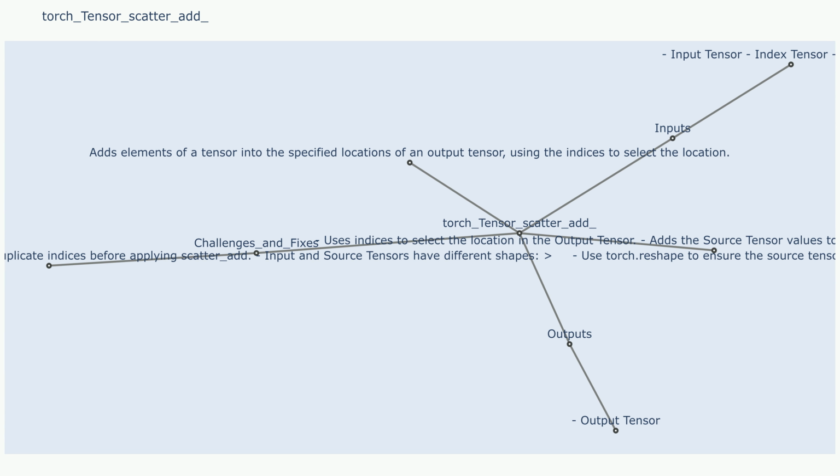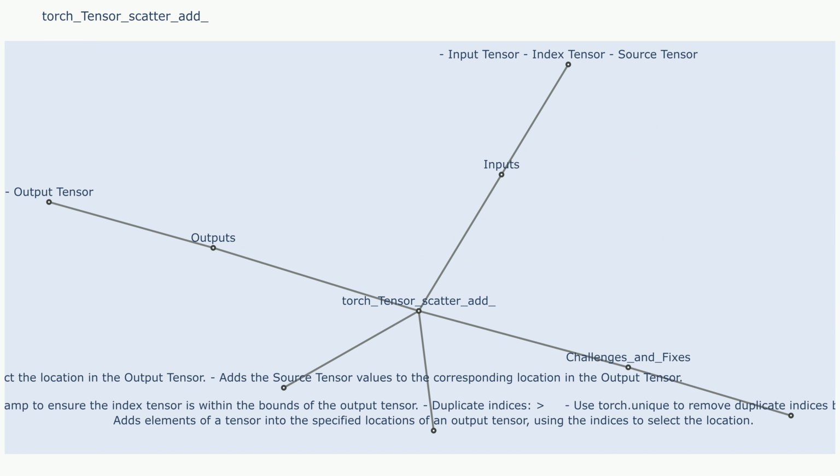Challenge 2: the index tensor can contain duplicate indices. In such cases, the elements from the source tensor are added to the destination tensor multiple times at the same location.